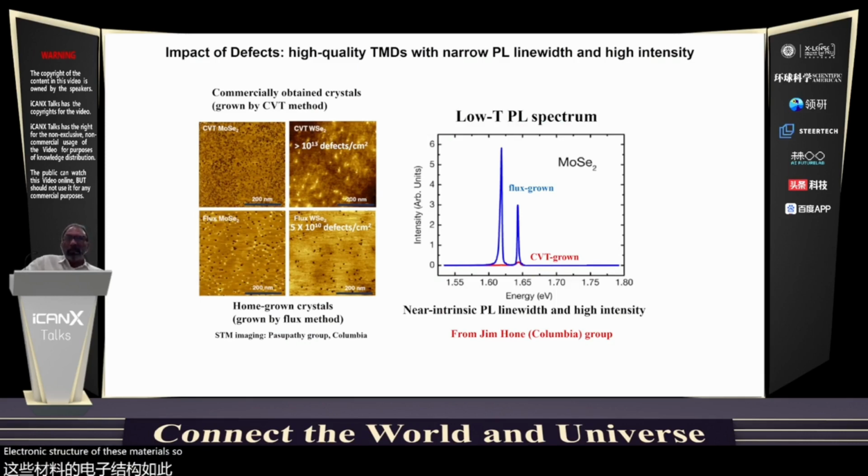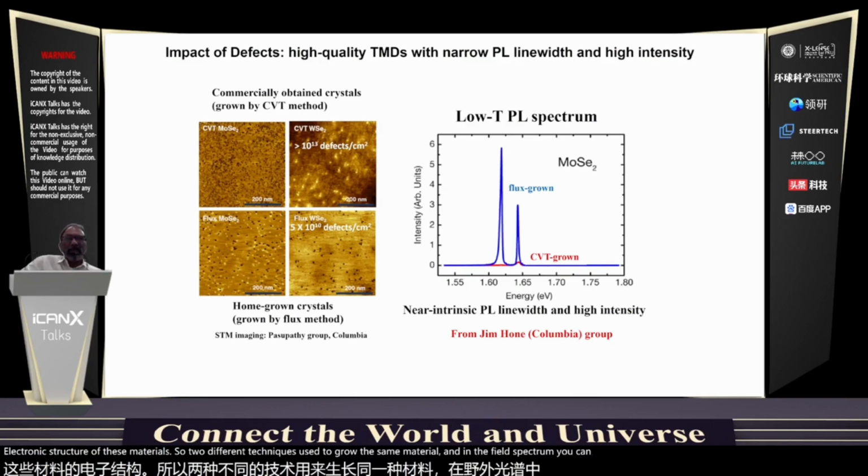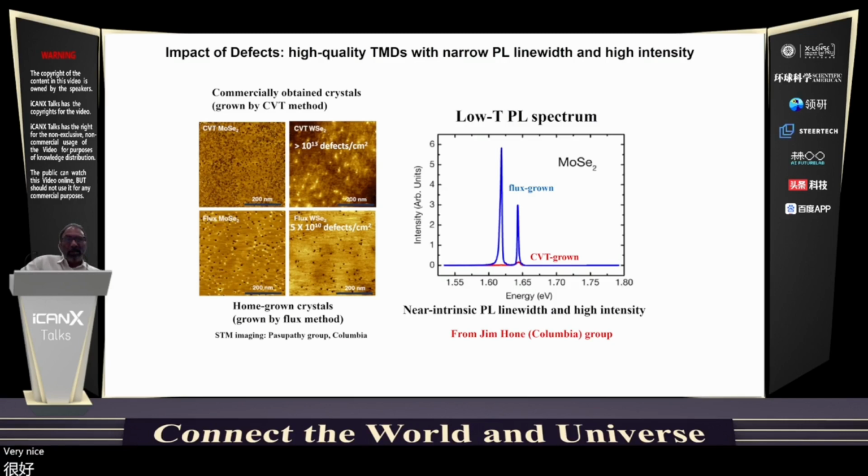So, two different techniques used to grow the same material, and in the PL spectrum, you can clearly see that one has better properties, a very nice, very tight photoluminescence line width that shows it is intrinsically close to the theoretical material, and there are materials that can have defects which do not conform to this predicted structure.